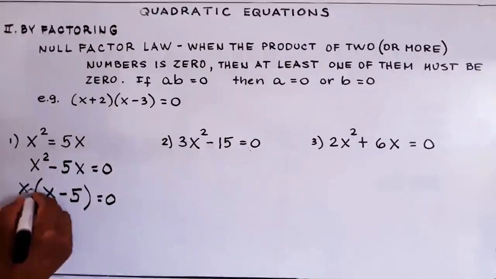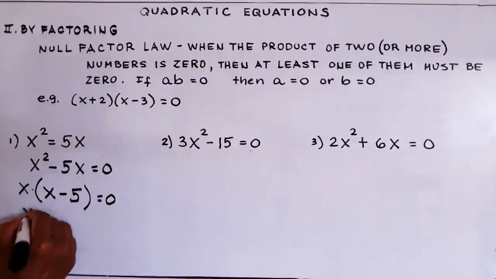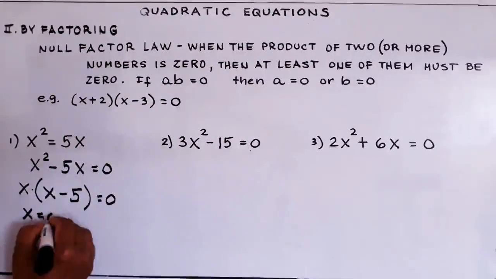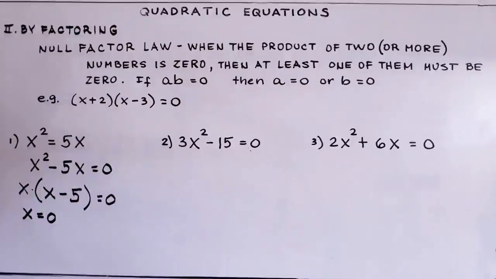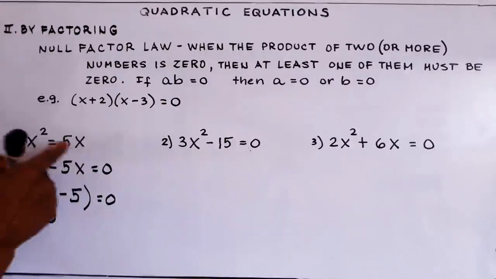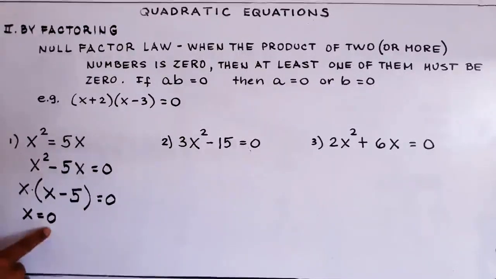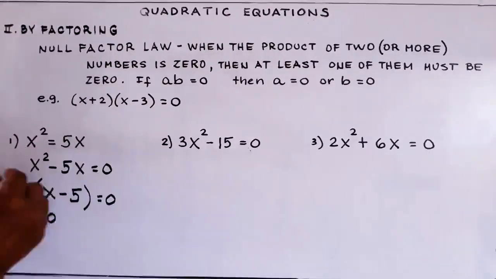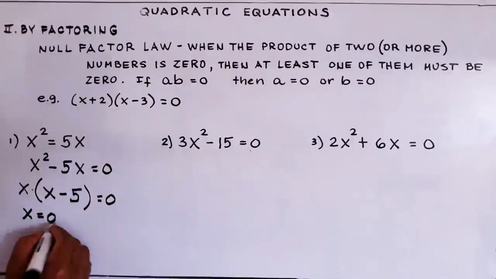So for x, we equate that one to 0, and x is equal to 0. This is the one that we miss when we divide x squared and 5x by x. We don't have the 0. That's why it's illegal to cancel the common factor from both sides of the equation.